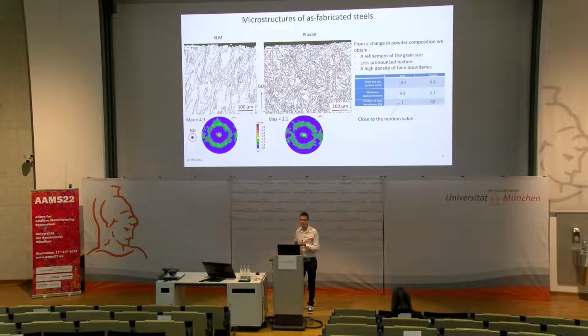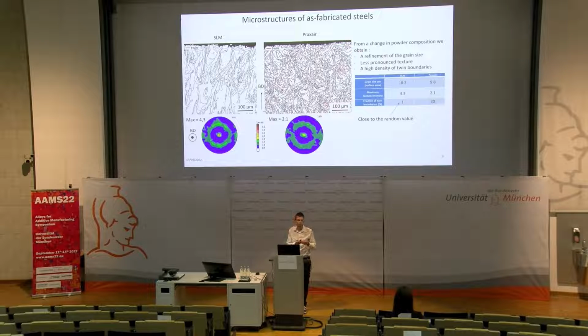While in the Praxair steel, there are a lot of twin boundaries, around 30%, which is way above the random value. This kind of Praxair microstructure with a lot of twins in the as-fabricated state is not highlighted in the literature and can be interesting because we show that it has a lower texture, so we expect lower anisotropy in mechanical properties.